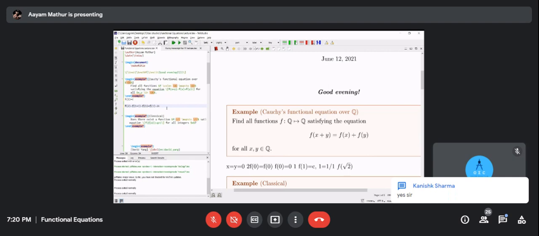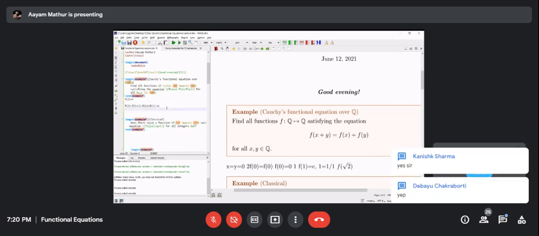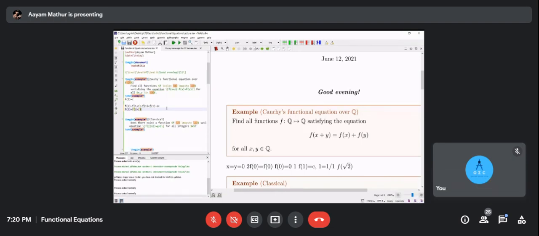Yeah, quite clear. Okay. Then you have f of 3, which you could write as f of 2 plus 1, which by definition again is f of 2 plus f of 1, which we get is 2c plus c equal to 3c. And f of 4 equals f of 2 plus 2, equal to 2c plus 2c, equal to 4c.